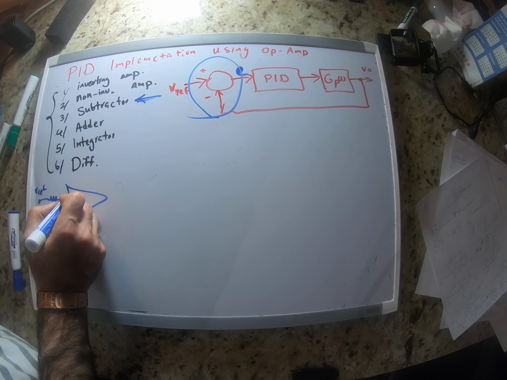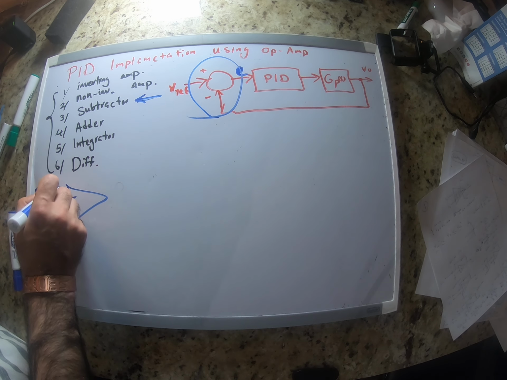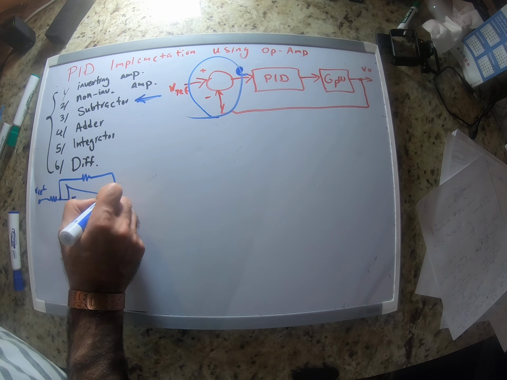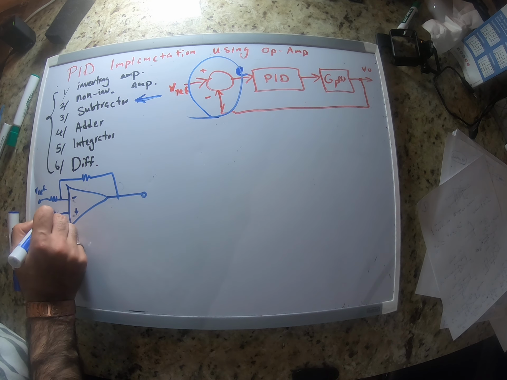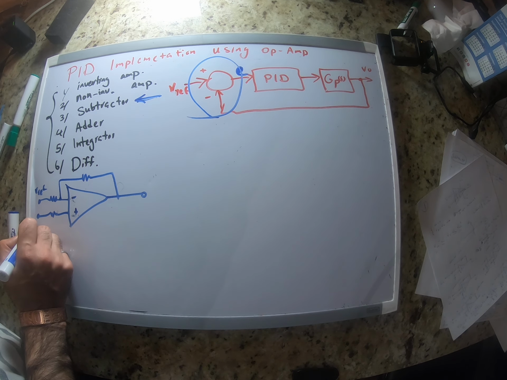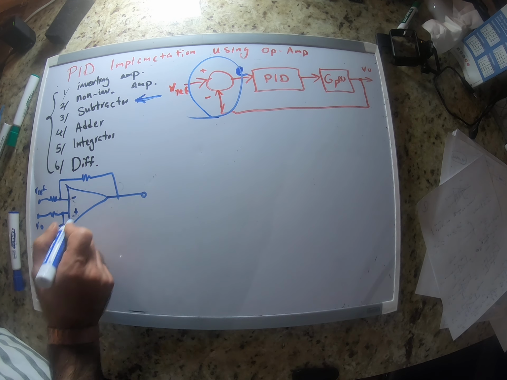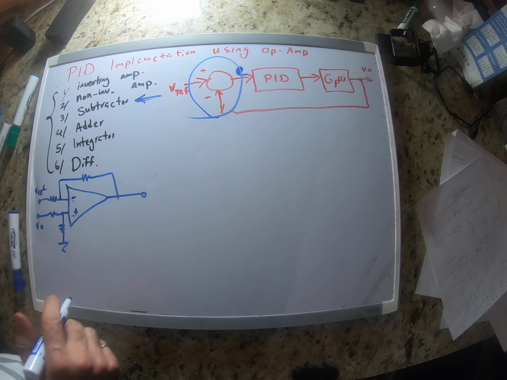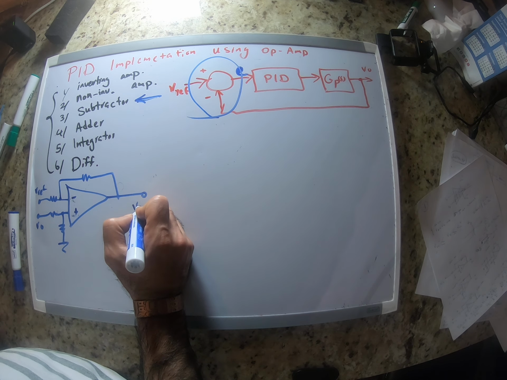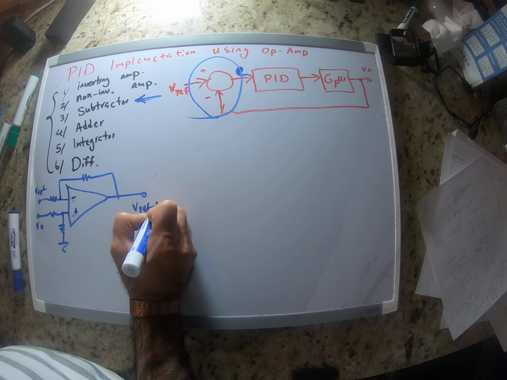It doesn't matter, but it's just going to be easier for me to do it this way. And this is the output voltage, and this is R. If we keep all these resistors the same, this is going to be Vref minus VO.